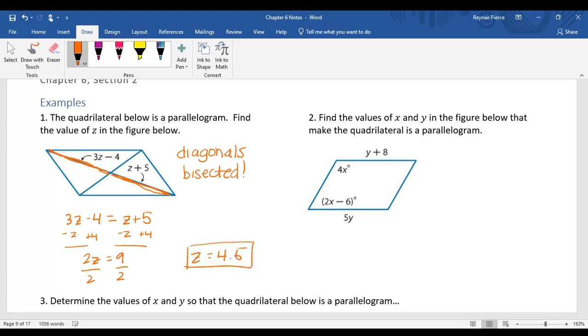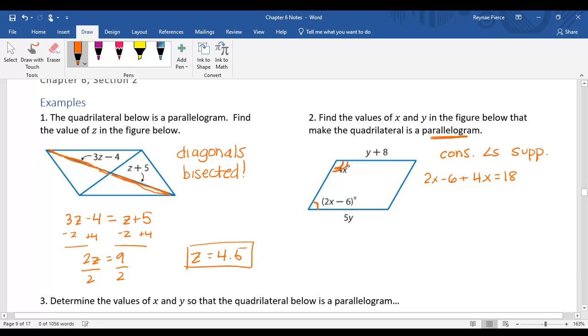Okay. Next one here, we want this to be a parallelogram, okay? So if you want, you can do x or y first. I'm just gonna do x first, okay? In a parallelogram, the consecutive angles are supplementary, which means that they need to add to be 180 degrees, okay?